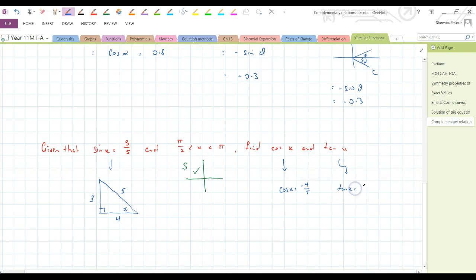So tan x will be equal to minus 3/4. So from this information we had basically two sides of a right angle triangle. We get the third side, and we can then work out the other ratios because we've got all three sides now. Also, taking this information here, what quadrant are we in? We can therefore apply the correct sign.